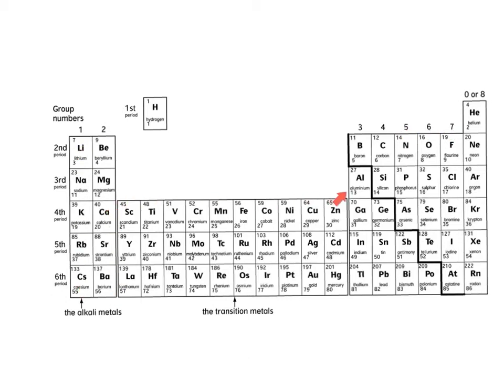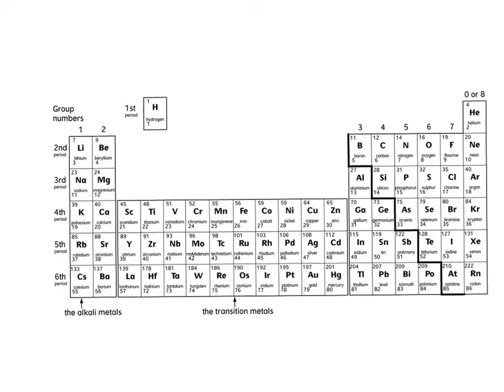The middle block here is called the transition element block or transition elements. So we'll be concentrating mainly on these groups of elements and how the electronic arrangement plays a part in determining the chemical properties, and how they are grouped based on their electronic arrangement.